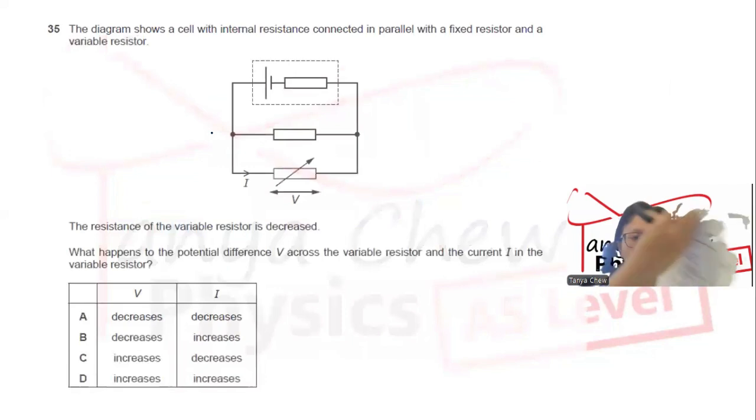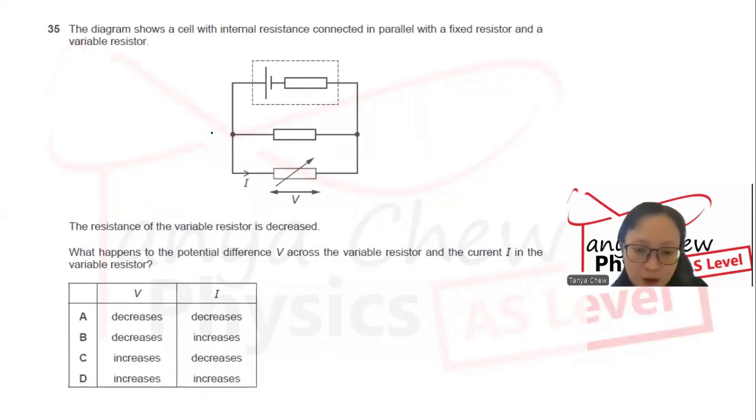Question number 35. The diagram shows a cell with internal resistance connected in parallel with a fixed resistor and a variable resistor. The resistance of the variable resistor is decreased. What happens to the potential difference V across the variable resistor and the current I in the variable resistor?